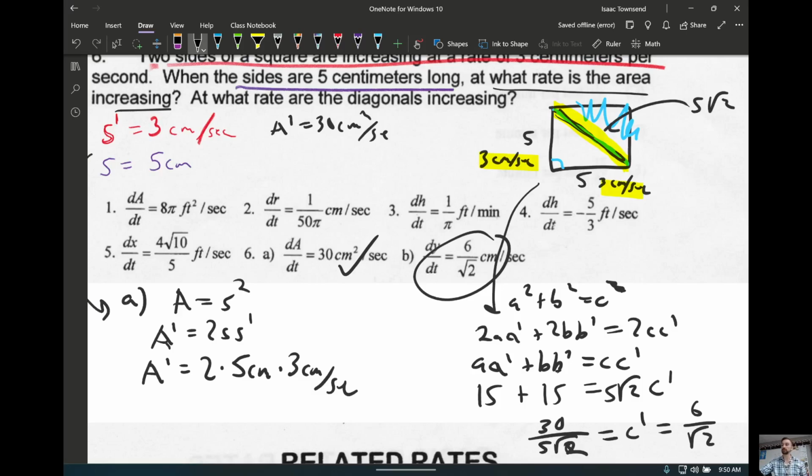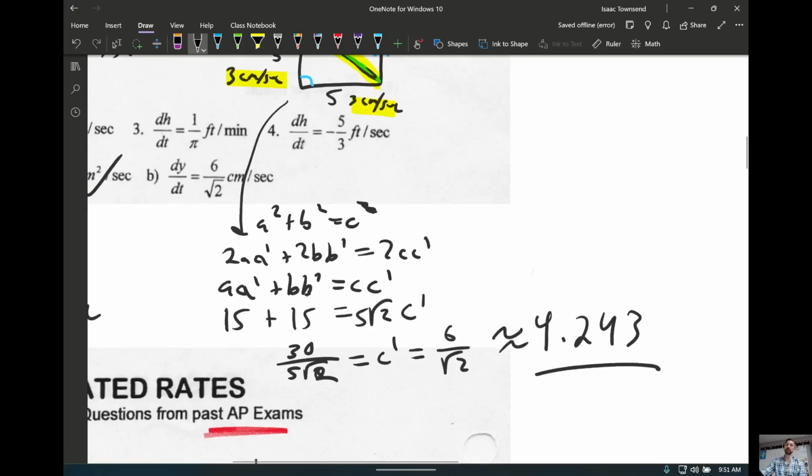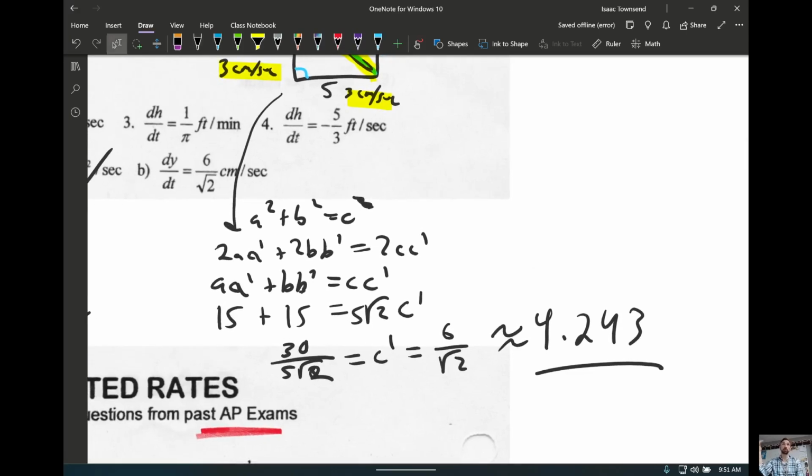Can you solve for decimal and then just check to see if it's the same as the other diagonal? If you didn't solve using the square roots, if you got a decimal. The only problem with the decimal, if you put this in your calculator, you get 4.243. On free response, you can do a decimal as long as you do 3 decimal places, always 3 decimal places, even if the directions don't say it. But as multiple choice, it might be written like this.